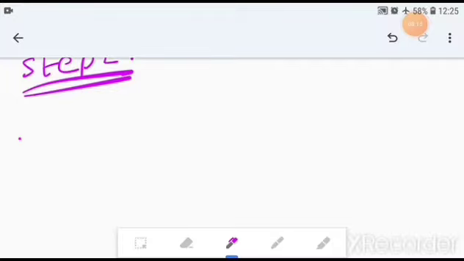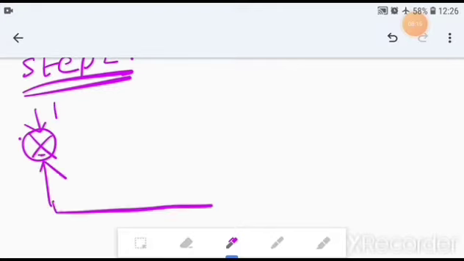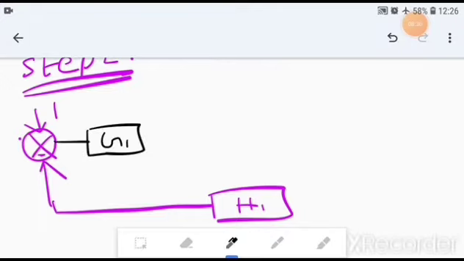So we have the summing point 1 with input 1, and here we have the negative feedback, that is H1. We have not done any changes to this, so it will be like that only. And G1 also we have not done any changes, it will be there. R1 is the input. Here we have the summing point 2, we have not done any changes, so we get summing point 2 also with the negative feedback.